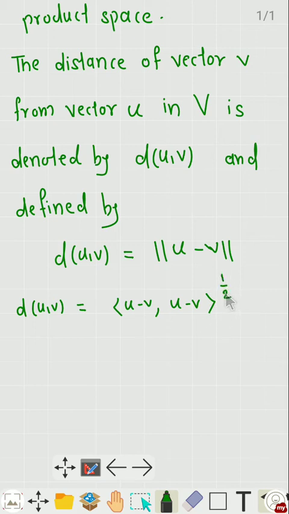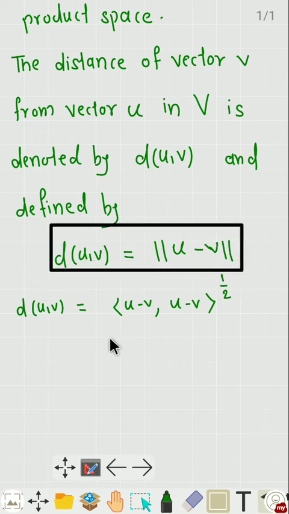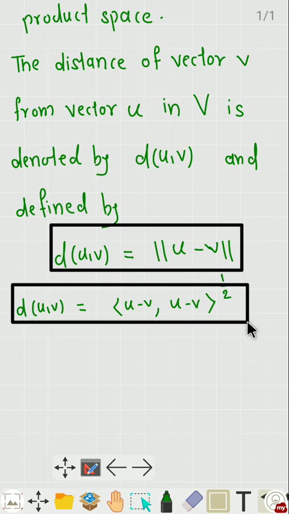Okay, so this is the definition, and we can keep in mind this also. So this is about distance and length of a vector in a vector space V in terms of norm. And two vectors are orthogonal in the inner product space if their inner product is 0. Okay, orthogonal vectors.